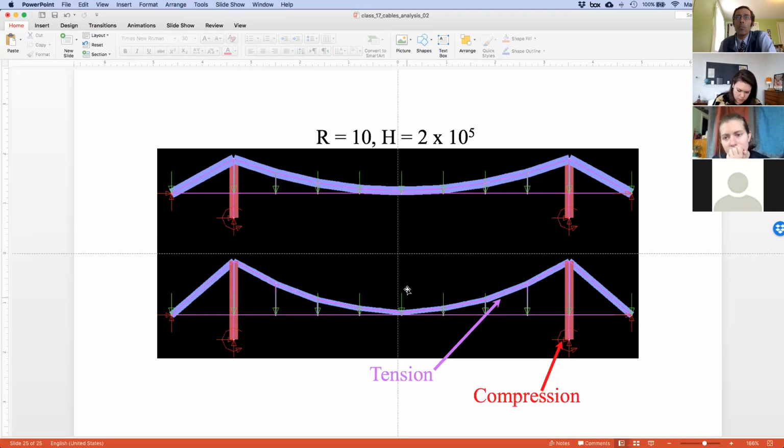So the calculations that you saw on Monday with Dr. Peterman for cable-stayed bridges under uniform load, cable-stayed bridges with non-uniform load that I showed you today, and then the basics of suspension bridge main cable calculation: these are the kinds of things we're going to want you to be able to do in your analysis and design assignments.